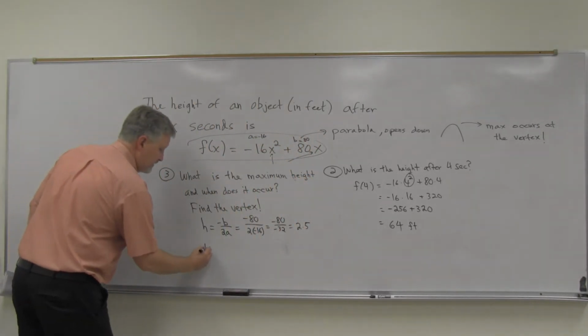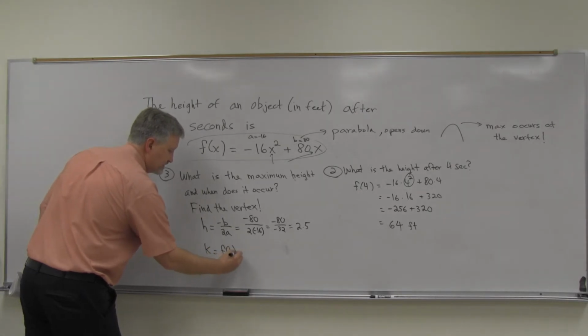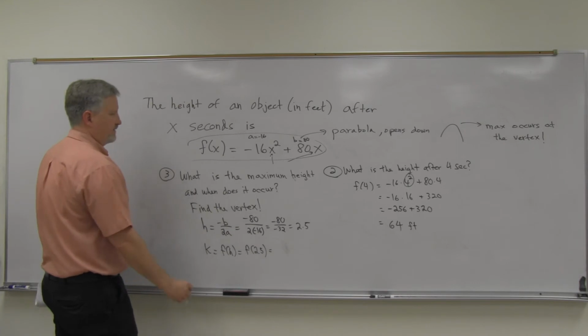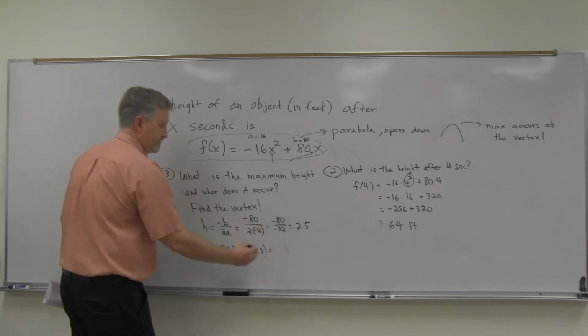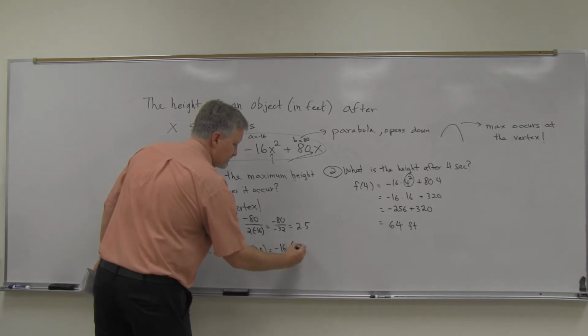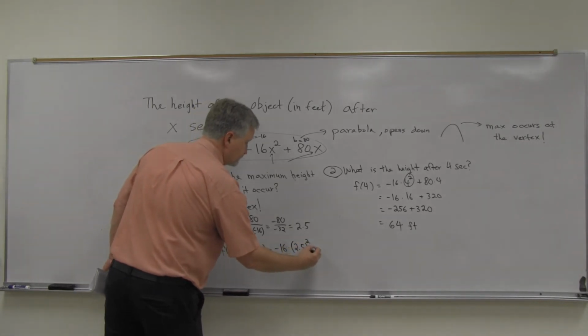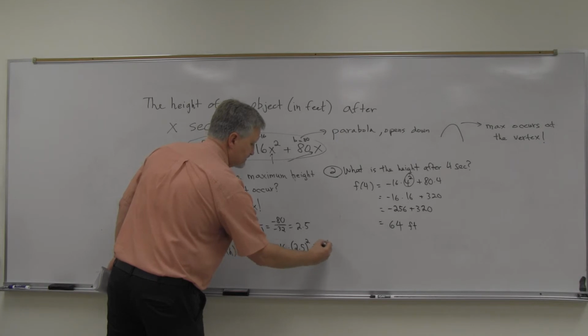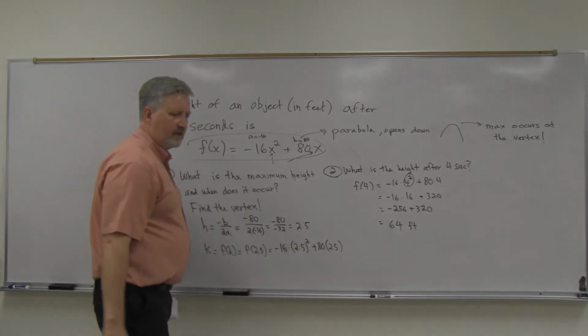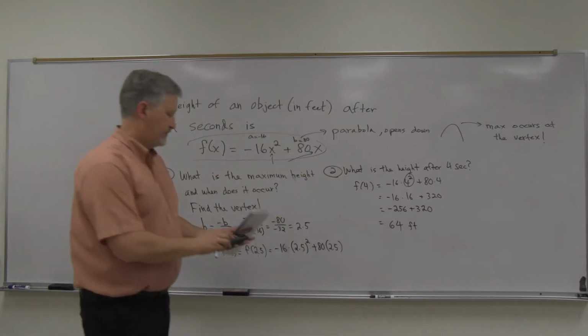The k then, we do f of h. So in this case, we do f of 2.5. What is that going to be? Well, that just says plug in x to be 2.5. So that's negative 16 times 2.5 squared plus 80 times 2.5. And we calculate that out.